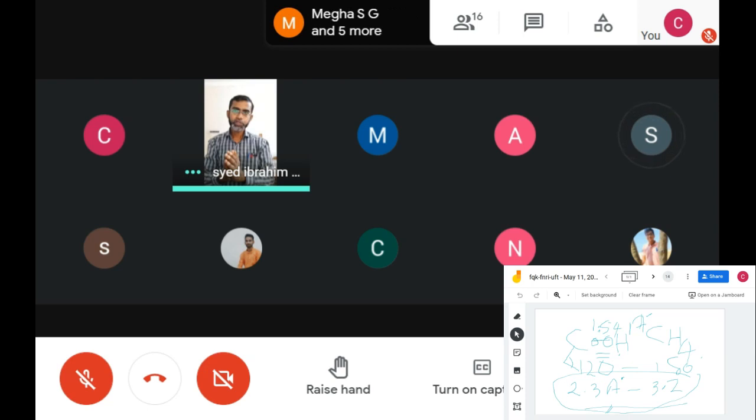Yes, sir. So there are several amino acids: charged side chains like glutamate, aspartate, histidine, lysine, arginine, and polar chains like serine, threonine, cysteine, asparagine. All these amino acids can contribute to hydrogen bonding.